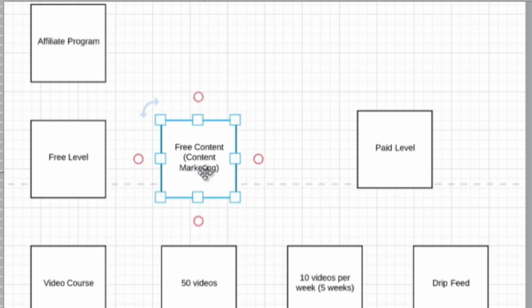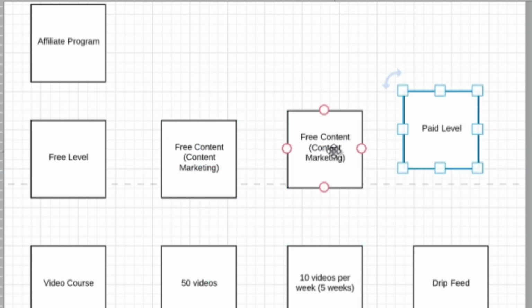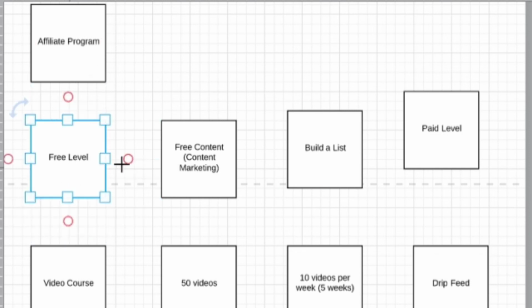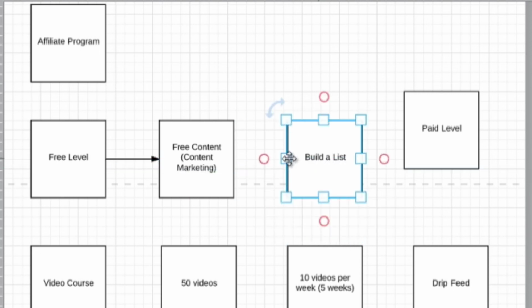So you could even use this to build a list. Let's put this in order. So obviously we've got the free level, and then we're going to make an arrow to go from here to here. And from the free content, we are going to build a list like that.